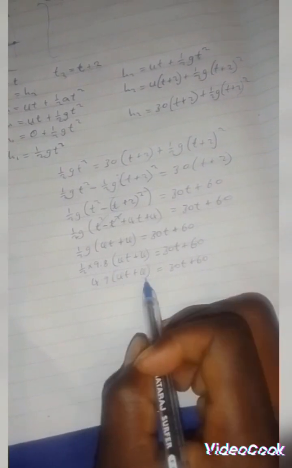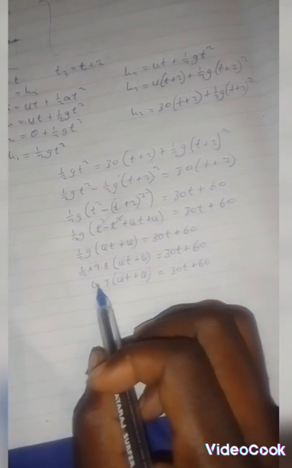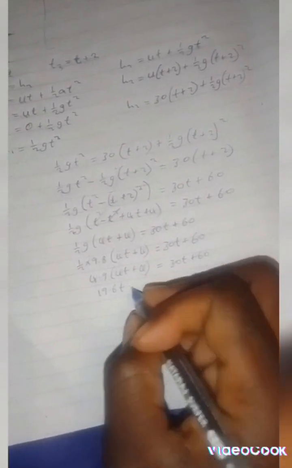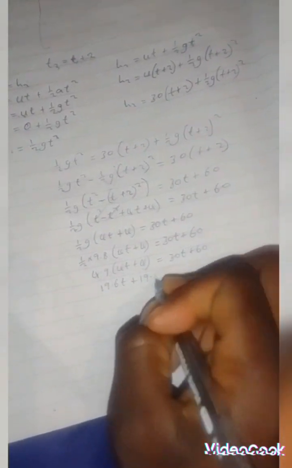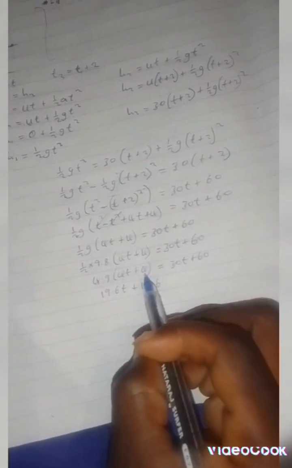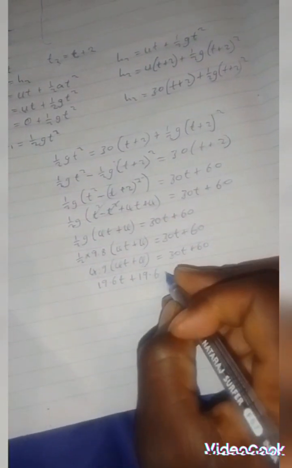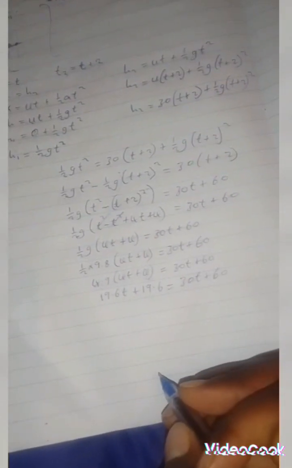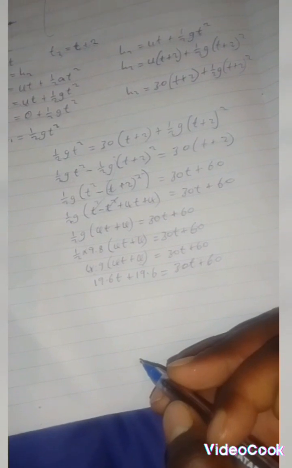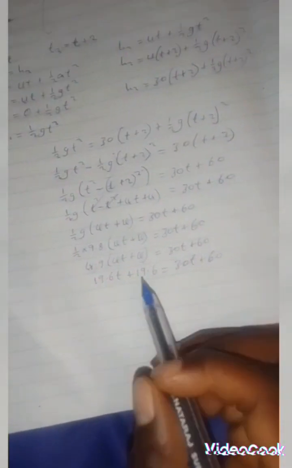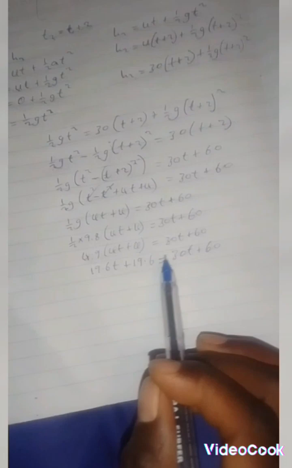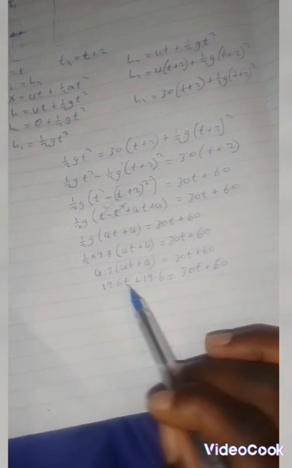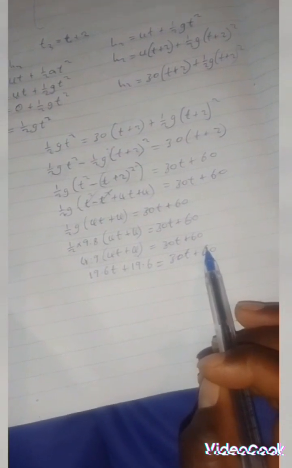We will expand this. When we multiply, 4.9 times 4t will give us 19.6t plus 19.6, because this times this and this times this, which is called the distributive law. Then from there, we'll say 30t plus 60. Then we are going to group the like terms. Now, how are we going to group them? We know that this 19.6t is less than 30t. Therefore, we will take this 19.6t to this side so that we don't form a negative number.